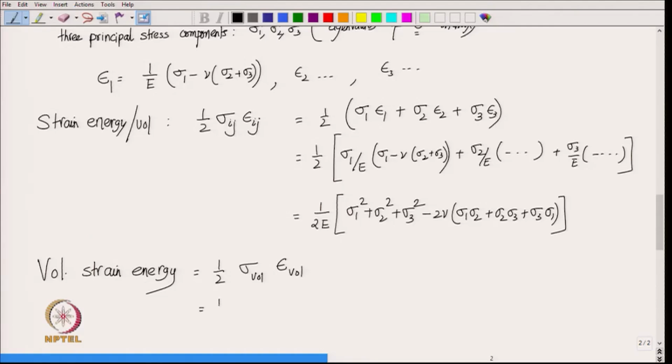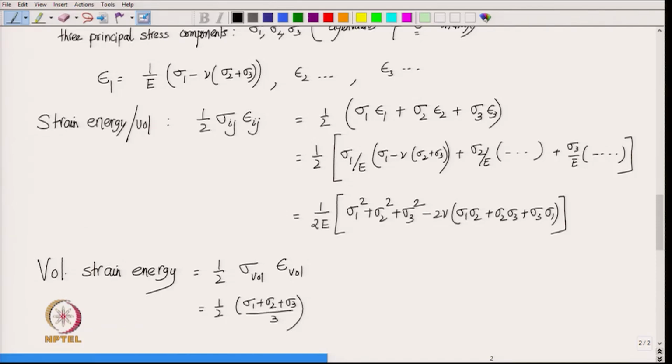And sigma volumetric is trace of sigma matrix divided by 3. So, that is sigma 1 plus sigma 2 plus sigma 3 divided by 3 into strain volumetric, epsilon 1 plus epsilon 2 plus epsilon 3, the volumetric strain.